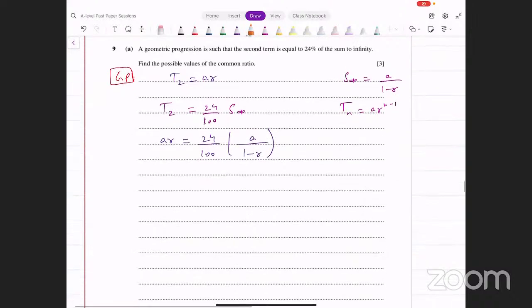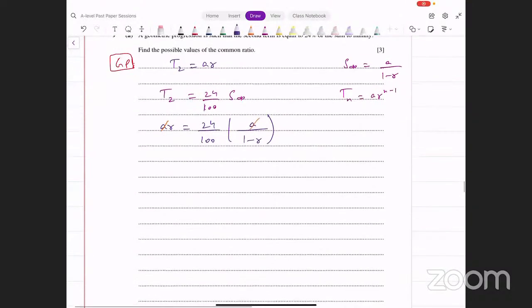A कैंसिल हो गए दोनों sides के ऊपर. R की वैल्यू figure out कर लें. It becomes 100R equals 24, 1 minus R को भी वहीं पे ले जाते हैं. So we can say this is 100R into 1 minus R, that equals 24.